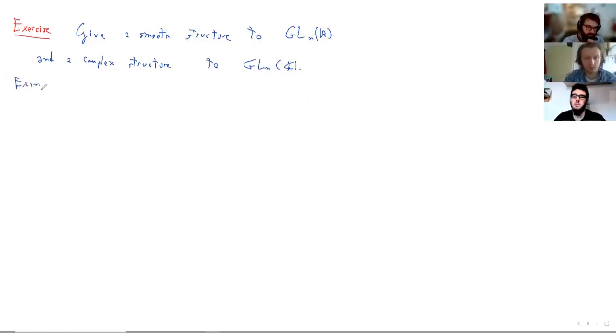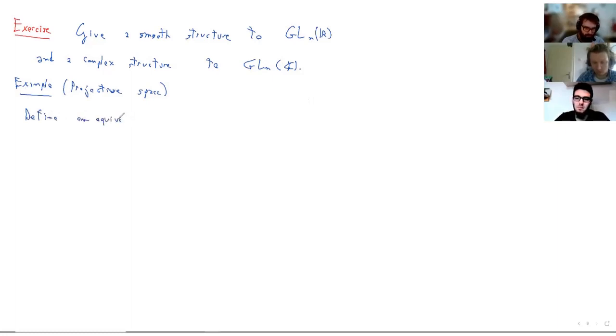And then I think this is going to be our last example for today, and that is the projective space. We define an equivalence relation on Cn plus 1. We're going to do complex projective space, because it's going to be very important for us later, by saying that P is equal to Q if and only if there exists a non-zero complex number lambda, such that P is lambda Q. This star means non-zero complex number.